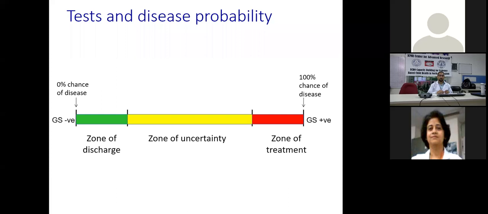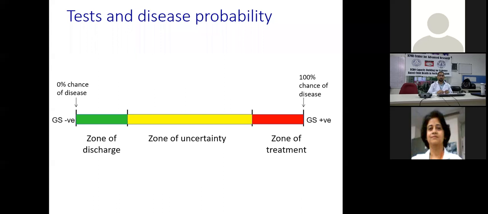A typical example is sepsis. So, maybe at about 30, 40, 50% probability of it being sepsis, most clinicians would start giving antibiotics because they are already in the zone of treatment. They would not wait until they have 100% confirmation of sepsis through a blood culture or some other definitive test.